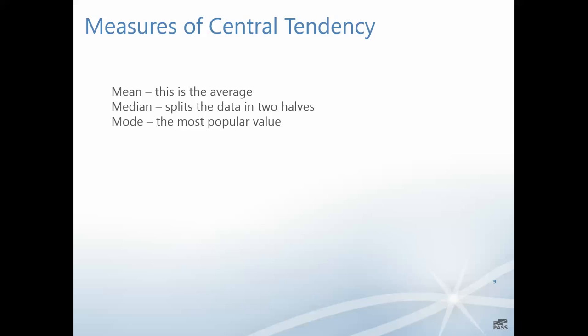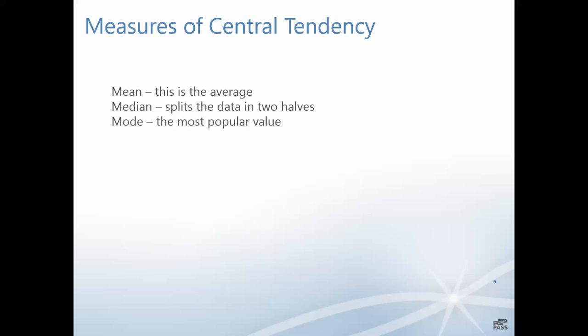The median splits the data in two halves. And the mode is the most popular value, and we see the mode happening in nominal data as well. And what that means is, if you ask everyone what's their most favourite fizzy drink or something like that, everyone will give you an answer, and all you do is count up and find out which one is the most popular one.